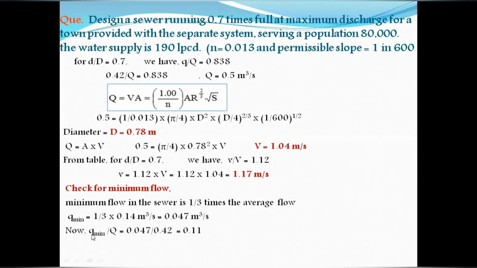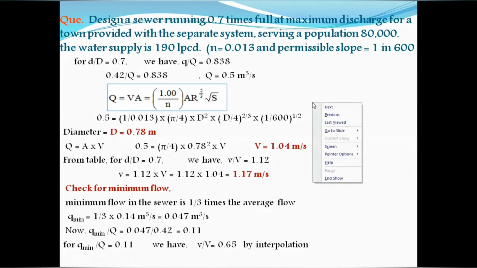So now Q minimum by capital Q is equal to 0.047 upon 0.42, which is 0.11, and for this value we have small v by capital V as 0.65.